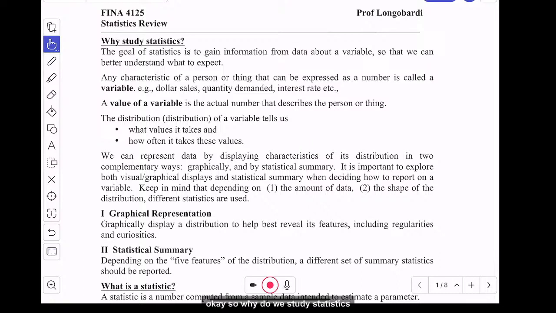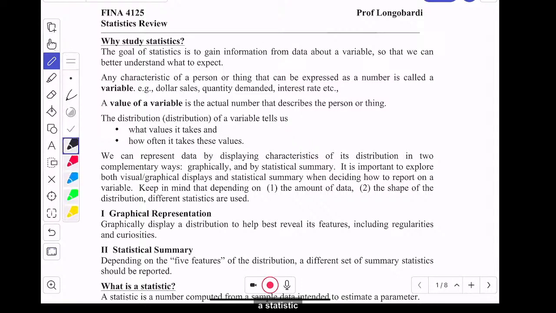Okay, so why do we study statistics? What is the point of statistics? I'll ask you the first question. What is a statistic?